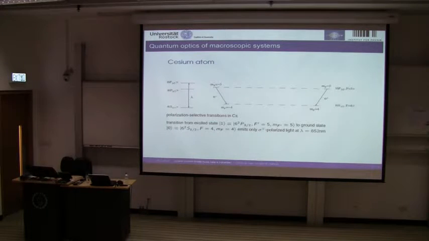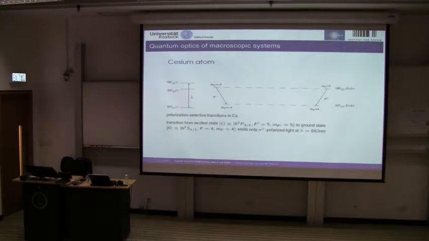Well, that's easy. I said you trap an atom close by, and if you look at the electronic structure of the cesium atom, you start from the ground state, the 6s1/2, and you choose that particular electronic transition from a 6p3/2 state down to the 6s1/2, and that has a wavelength of 852 nanometers.